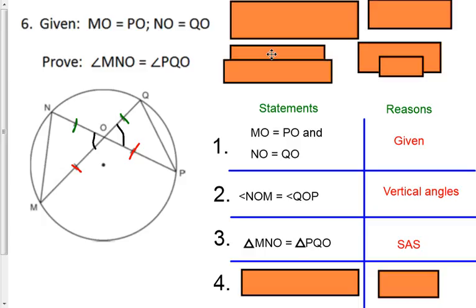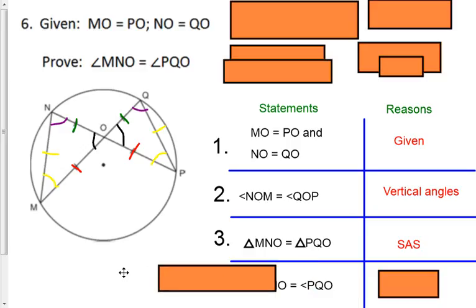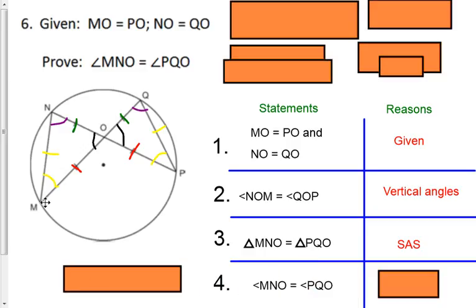Now that I know that they're the exact same triangle, I know that this side is the same as this side. I know that this angle is the same as this angle. And I know what I was trying to prove. This angle is as big as this angle. So I can say angle MNO equals PQO.